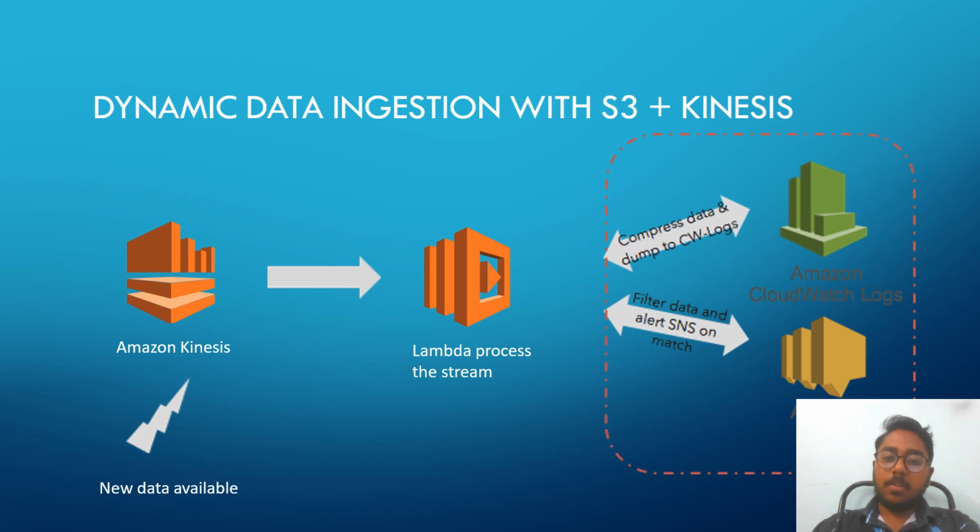Dynamic data ingestion with S3 plus Kinesis. Amazon Kinesis is the real-time streaming data service, which we will monitor. Amazon Kinesis will pass the data to Lambda, as it runs code and processes the data.